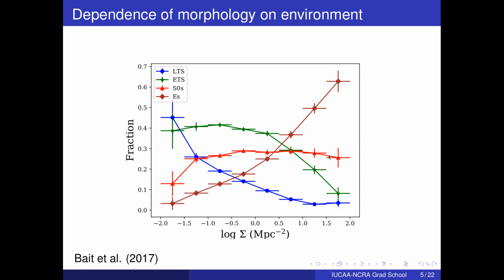This is your morphology density relation in action: as you go to higher surface densities, the fraction of early type galaxies, ellipticals and S0s, is high, and the fraction of spirals is small. And the reverse is true at low galaxy densities.